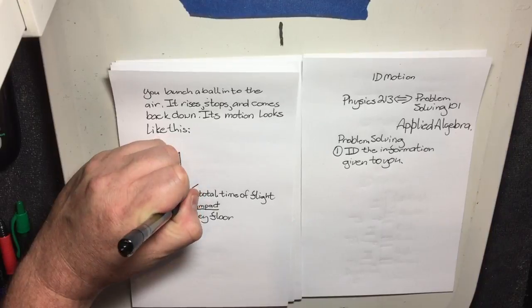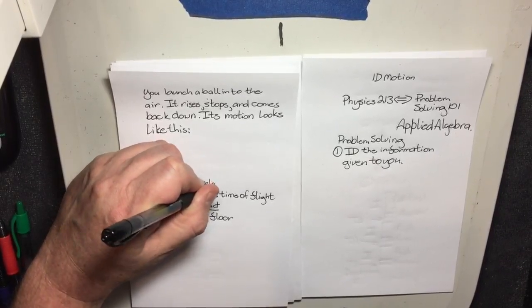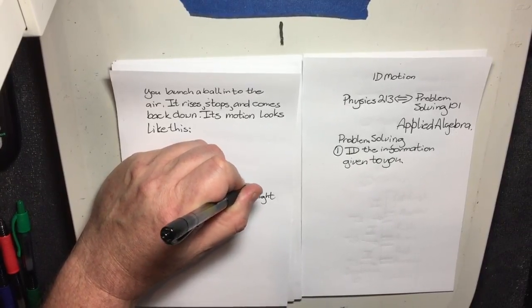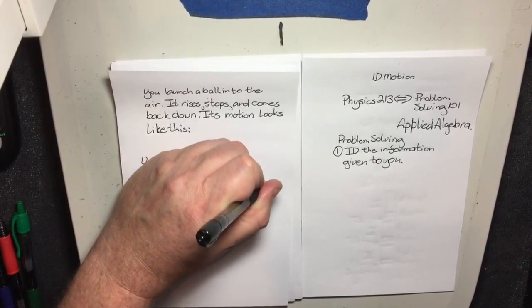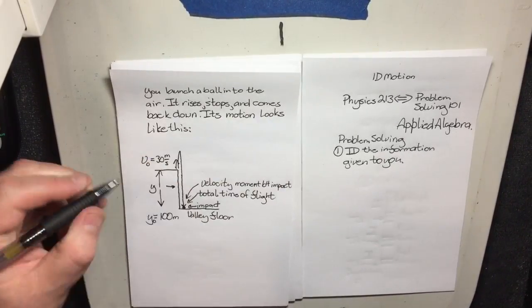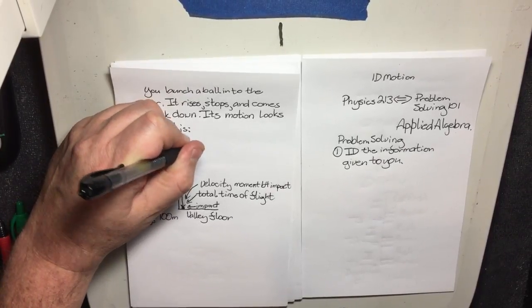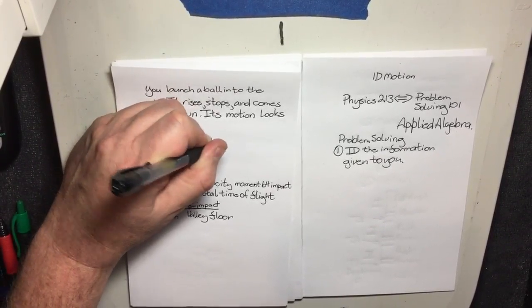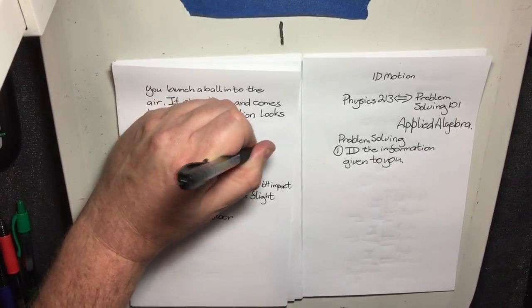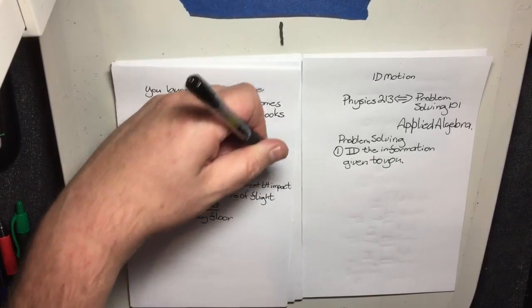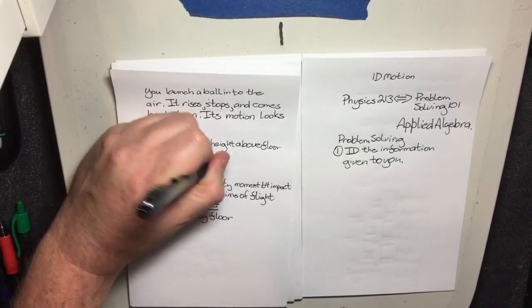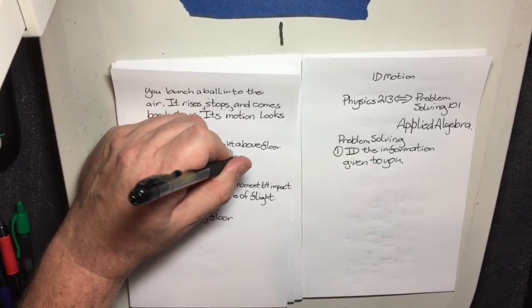I want to know the velocity the moment before impact. I also want the max height above the floor. I also want the time of max height.